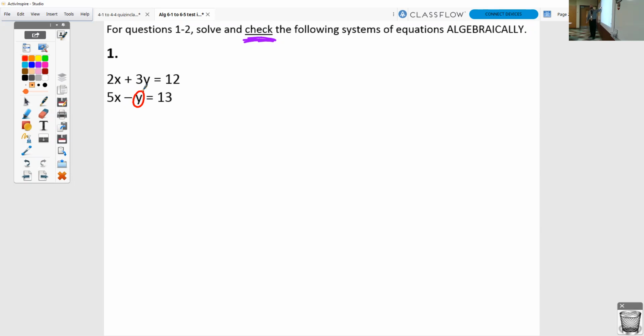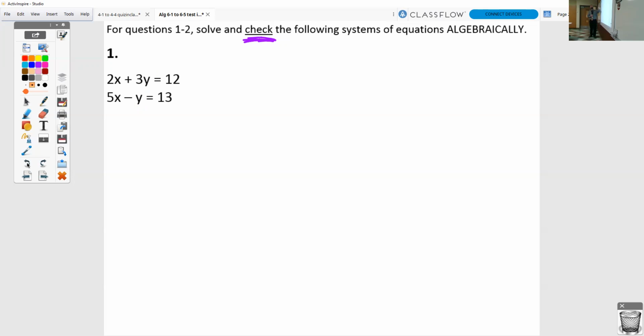You could rearrange that equation for y equals, and once you get what y equals, you could sub it in for y. Could you choose to rearrange both of them for y equals and then set the two things equal to each other? Sure. I wouldn't do this one that way.